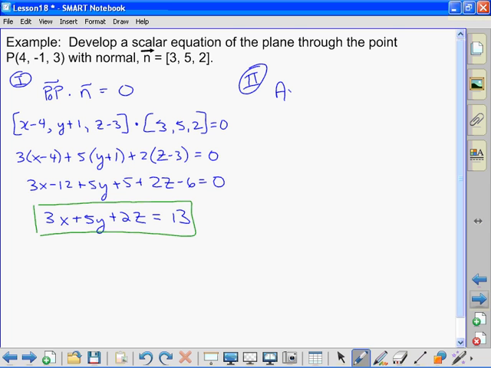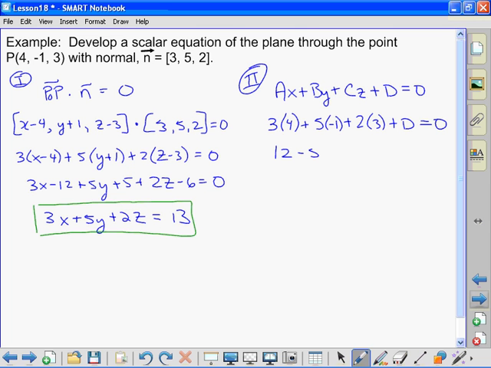So the other one is just jumping to this form and solving for your constant, your d value. So we end up with 3 multiplied by 4, so using the point and the normal here. From the normal, we have 5 times negative 1, and 2 times 3 plus d equals 0. So 12, negative 5 plus 6 plus d equals 0.